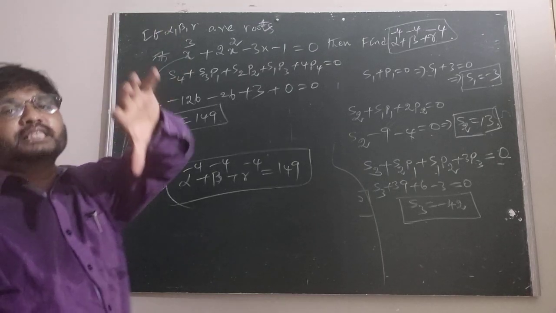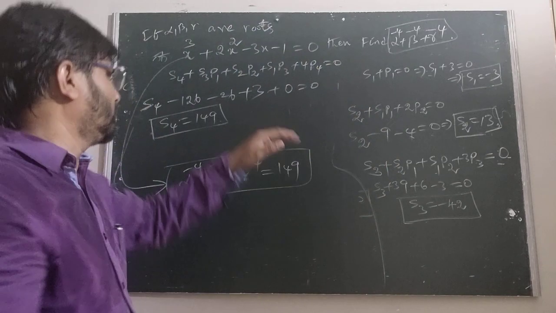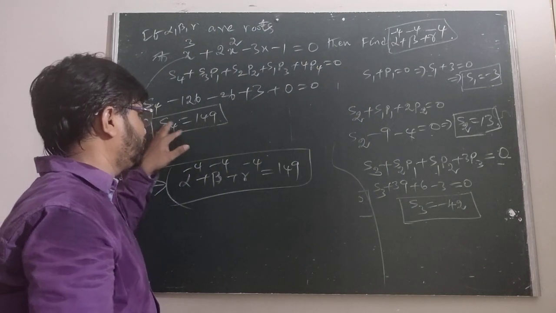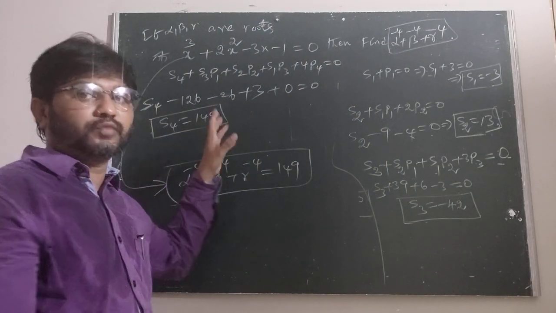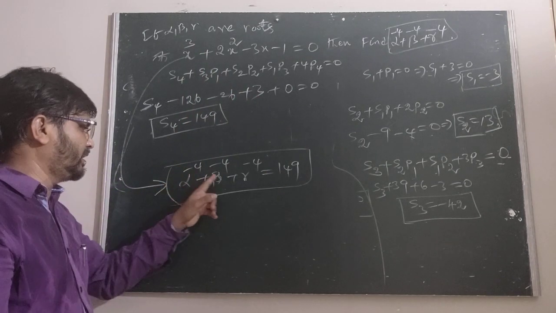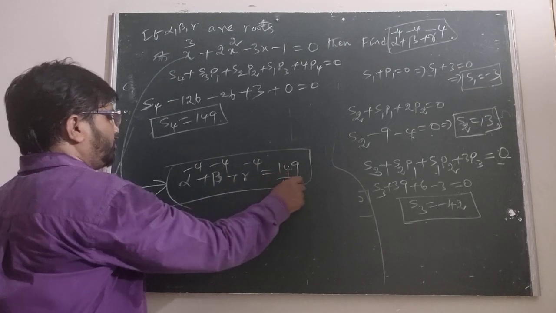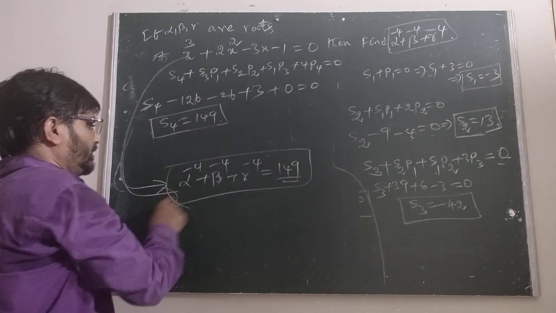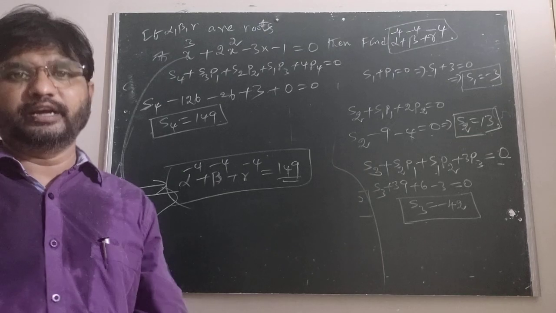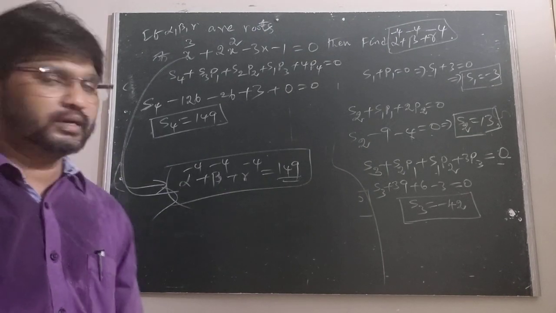When replaced by x equal to 1 by x, the 149 is alpha power 4 plus beta power 4 plus gamma power 4, the value for the transformed equation. This is how we find the value of alpha power minus 4 plus beta power minus 4 plus gamma power minus 4.